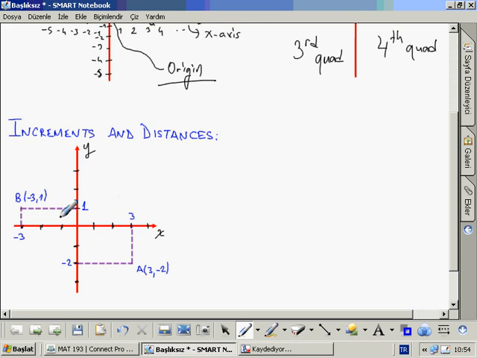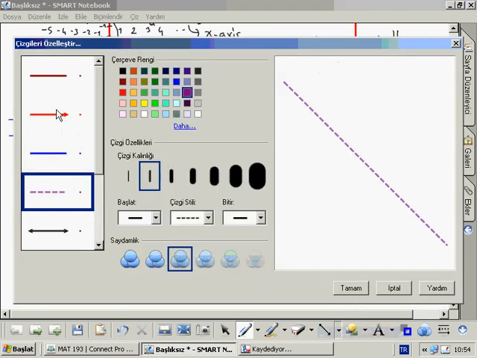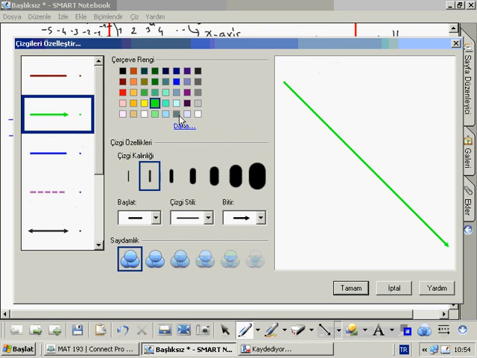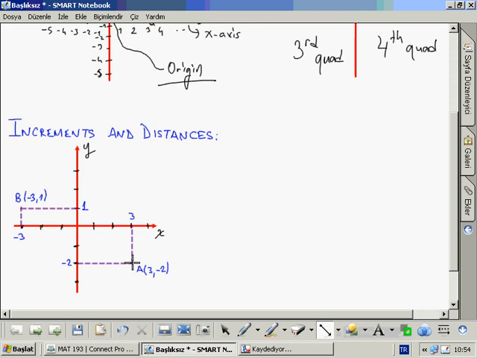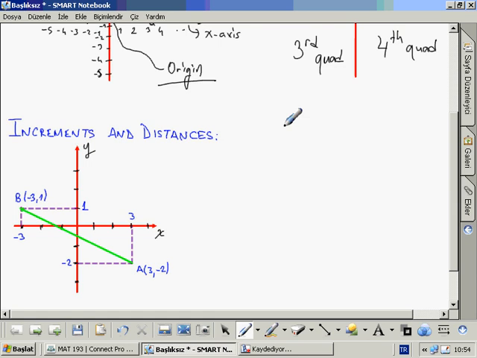When you want to find the distance from A to the B, you must draw a line which starts from A and ends at the B point.